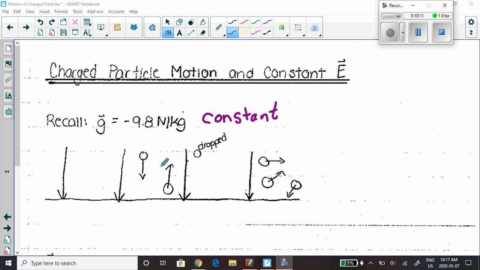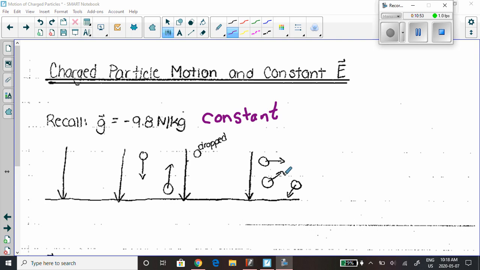In grade 11, we did questions like a ball is dropped straight down in a constant gravitational field, or thrown straight down, I should say, in a constant gravitational field. A ball is thrown straight upward in a constant gravitational field. Or a ball is dropped, right? Initial velocity 0, straight down it falls in a constant gravitational field. Then in grade 12, we moved to something slightly different. We added another dimension, 2 dimensions. Now a ball may be shot completely horizontally in a constant gravitational field.